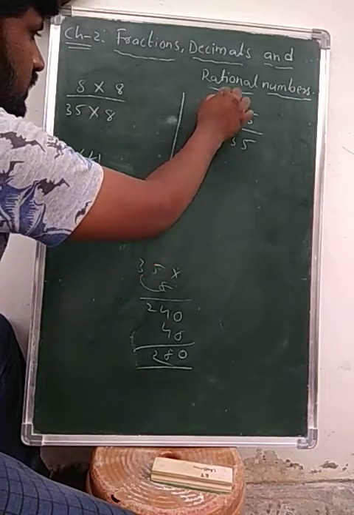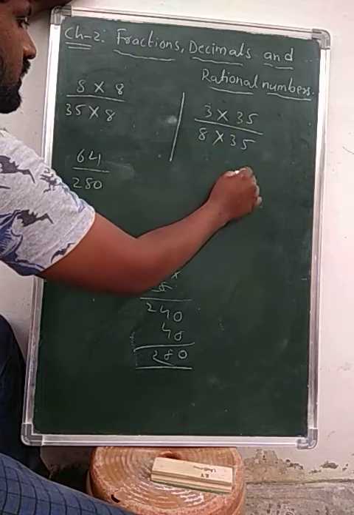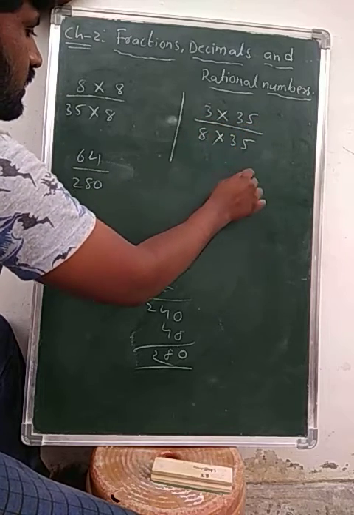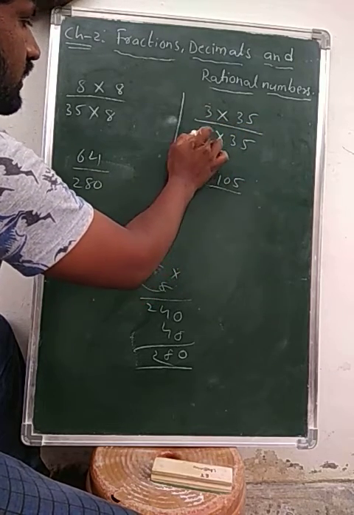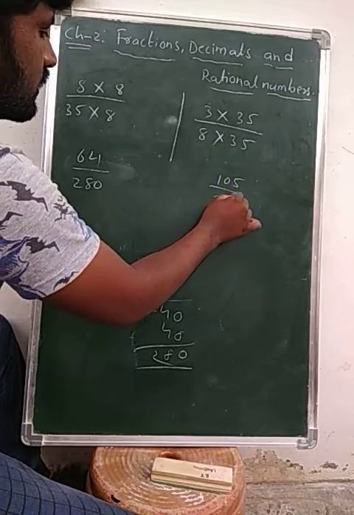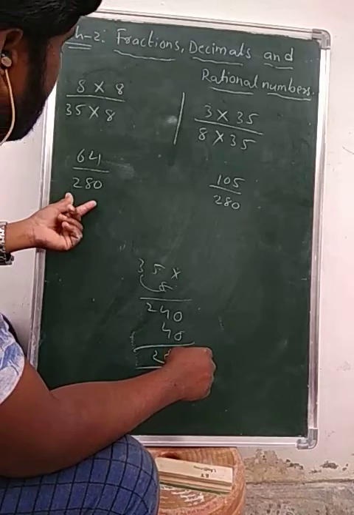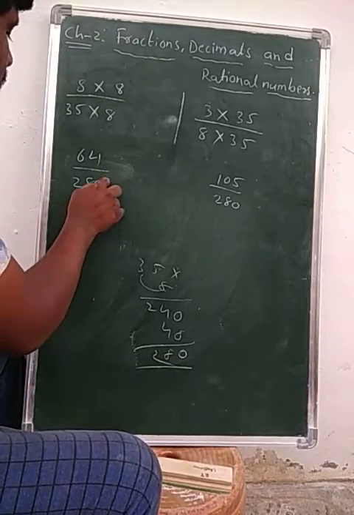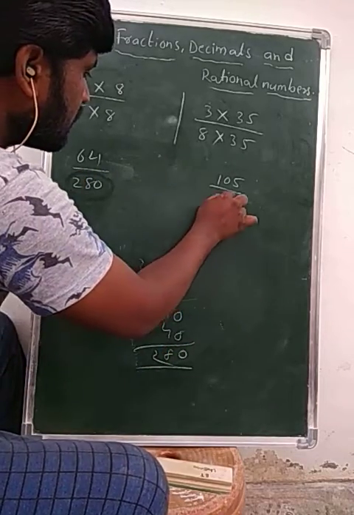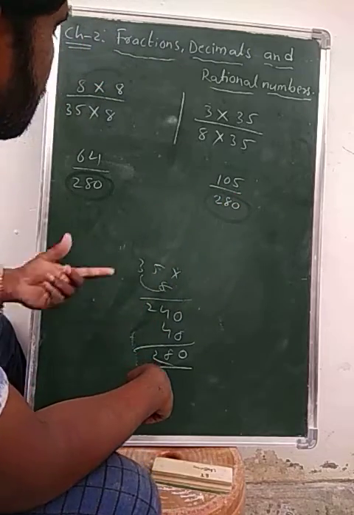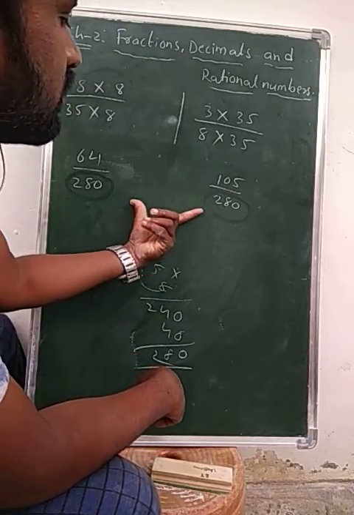And on this side, 3 35s: 3 5s are 15, 3 3s are 9 plus 1 is 10, so 105 by 8 into 35, that is 280. So clearly the denominators are the same. Here the denominator is 280 and the other denominator is 280. So these two are like fractions.